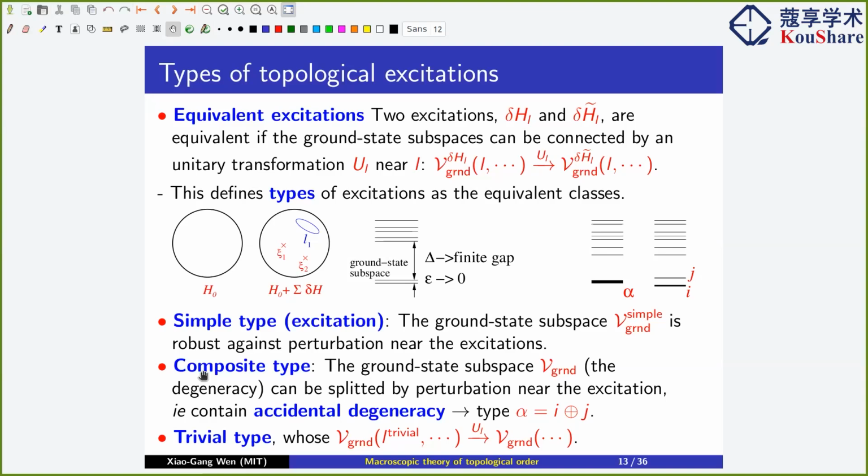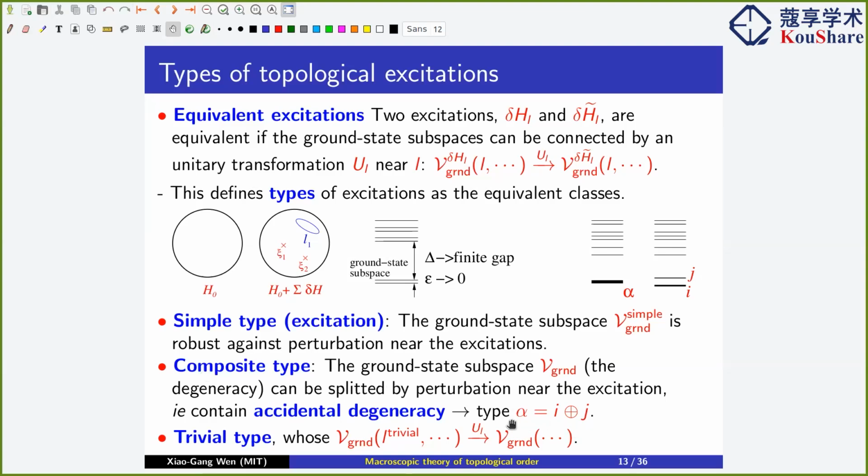And this feature works for string-like and membrane-like excitations. Suppose we have a string-like excitation, and one string is in one phase, another string is in another phase. Then we may tune the Hamiltonian on the string right to the first order phase transition between the two phases. At that point, my string excitation is composite: either phase A or phase B has the same energy. So that's composite.